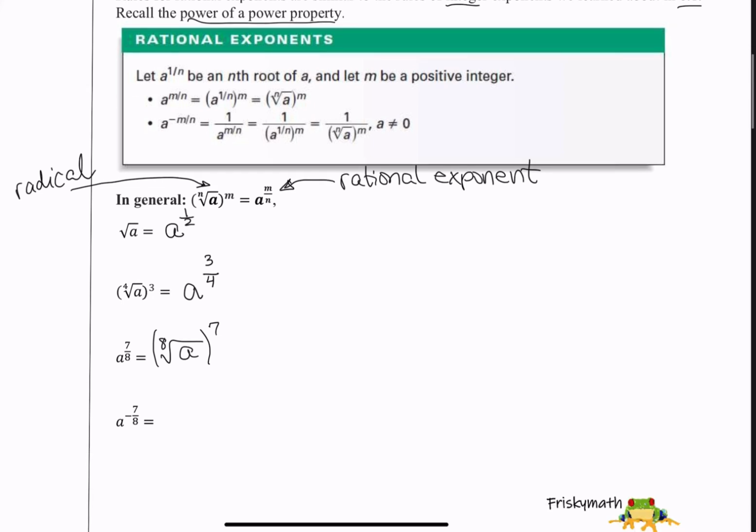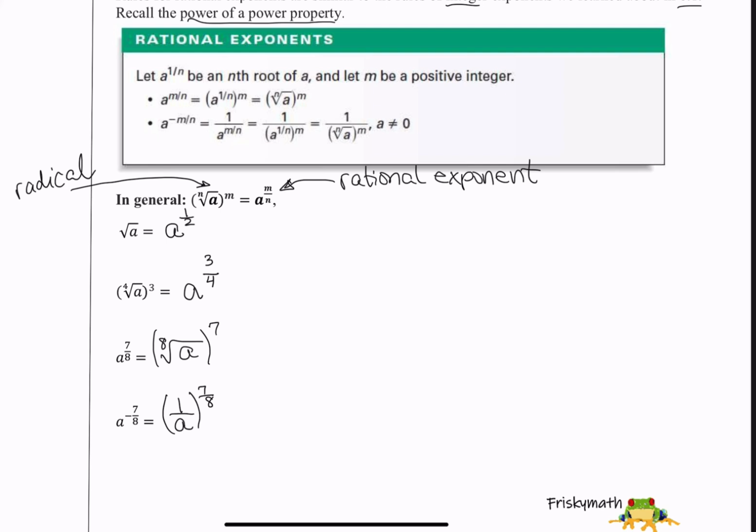Okay, I'm going to do one more here for you. Do you guys remember what happens when you have negative exponents? In order to make that exponent positive, you need to take the reciprocal of the base. So you actually have to flip the base. So what I end up with here is 1 over a raised to the 7/8 power.